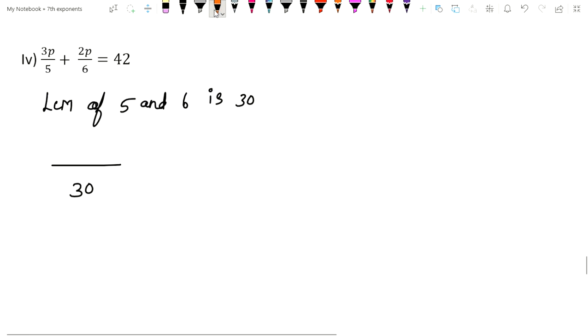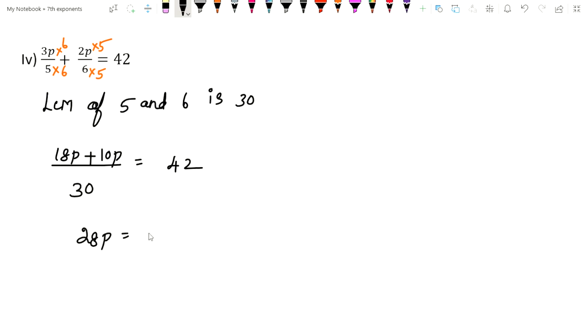Now see the first term. Here 5 is there, so we need to multiply with a 6. Here 6 is there, so we need to multiply with a 5. So 6 into 3p, you get 18p, plus 5 2s are 10p, equal to 42. Just add it: 18 plus 10, you get 28p equal to 42 into 30.